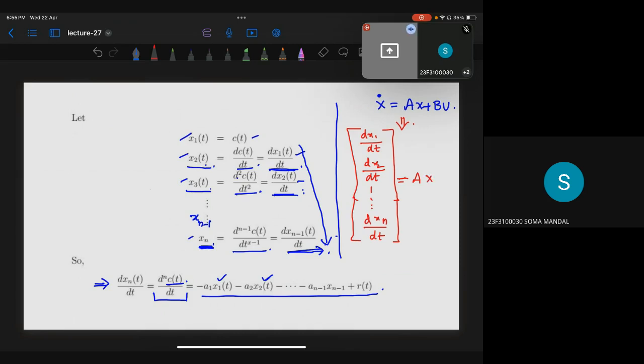If you write these in the reverse order, how can I write from this equation? dx1 by dt is x2, correct? Yes, sir. Similarly, dx2 by dt is x3, etc. dxn by dt, what is it? dxn by dt is this expression.